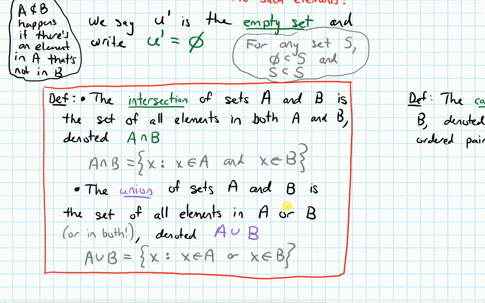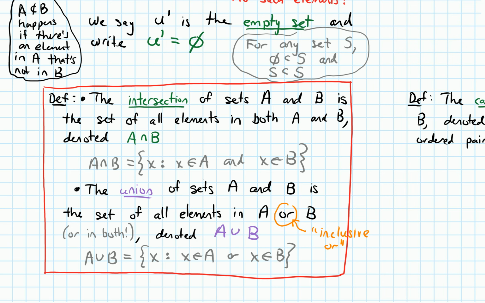So I want to give a bit of terminology here. This or that we use to describe the union is what's called an inclusive or. Because in the English language, sometimes when we use the word or, we mean either the first thing or the second thing, but not both.